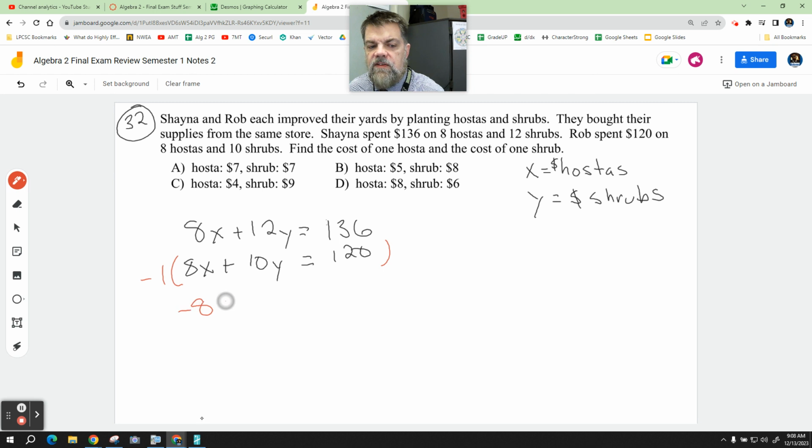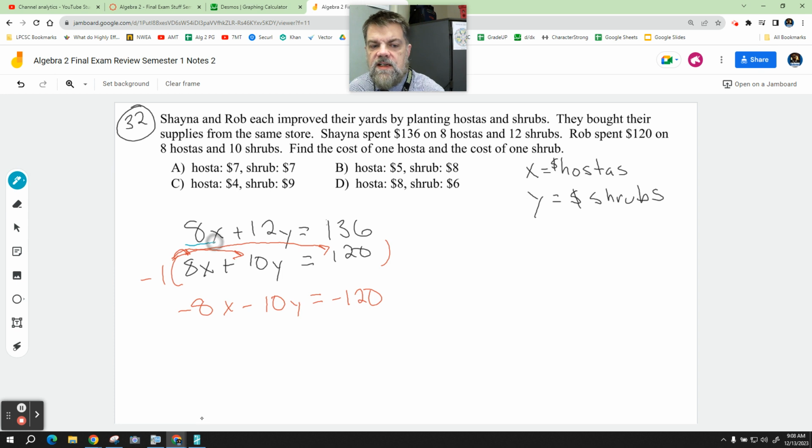That gives me a negative 8x, right? -1 times 8x, then -1 times 10y gives me a negative 10y. Then -1 times 120 gives me negative 120.